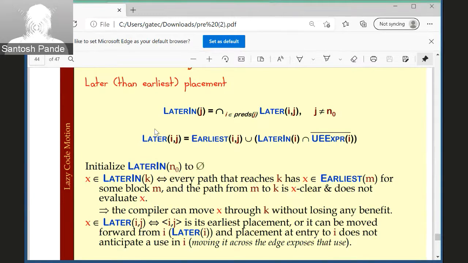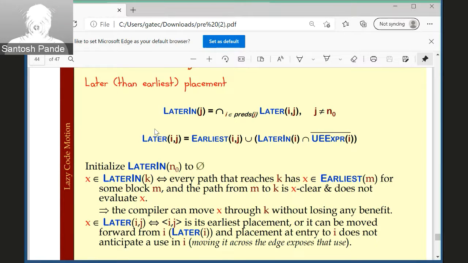So what we do is we have these later edges ij initialized first of all based on the earliest ij edges. So that's where the later edge starts. And what we do is we say that we can sync it inside a basic block j, which is the successor of i, provided we can sync it along all incoming edges to j.